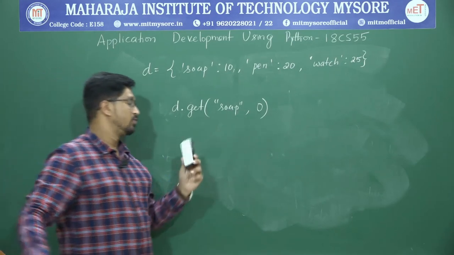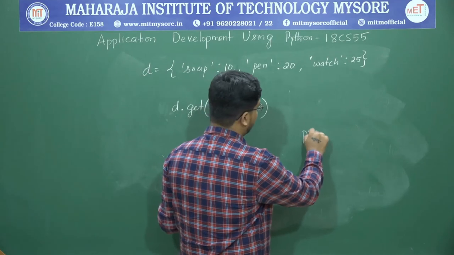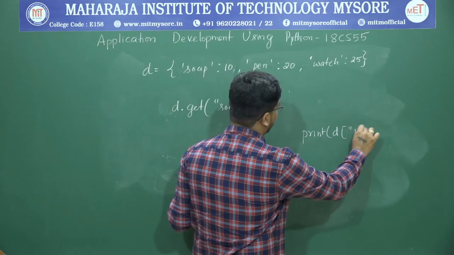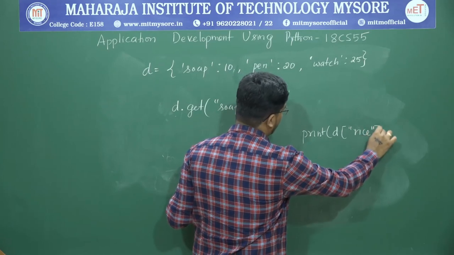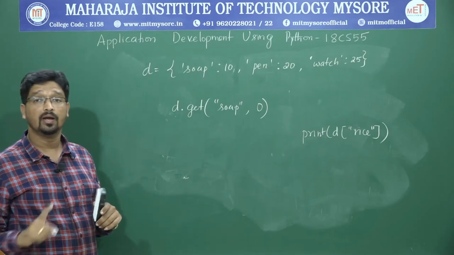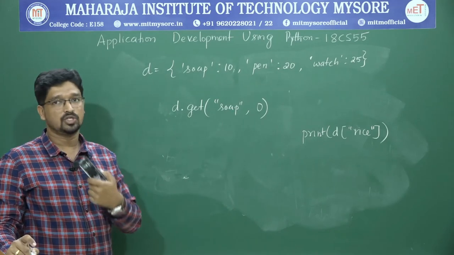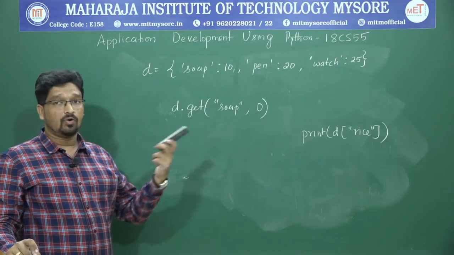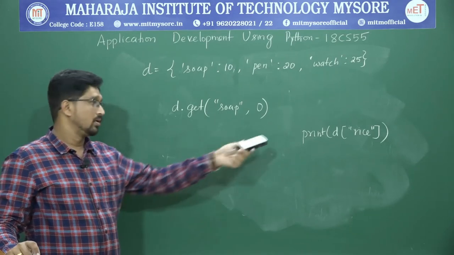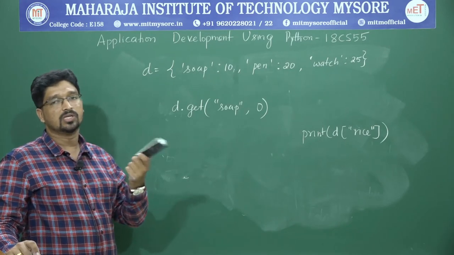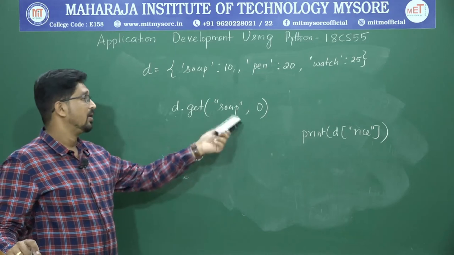Correct. Let us say if you say print of d of, let us say, rice, where rice is not present inside this dictionary, then what will you get? You will get a key error message. Or else, if you want to get the value, not using in and not in, it is not possible, since there you will check only whether it is present or not present.